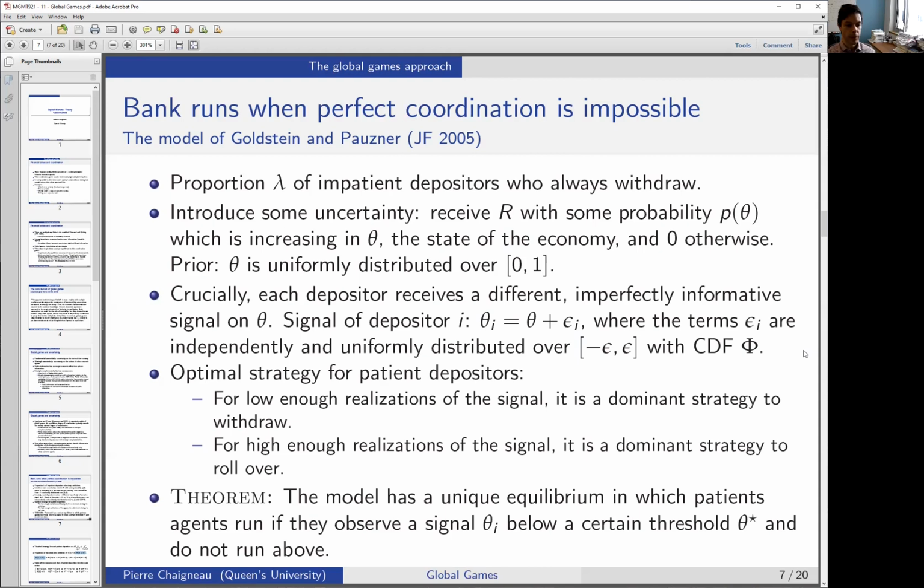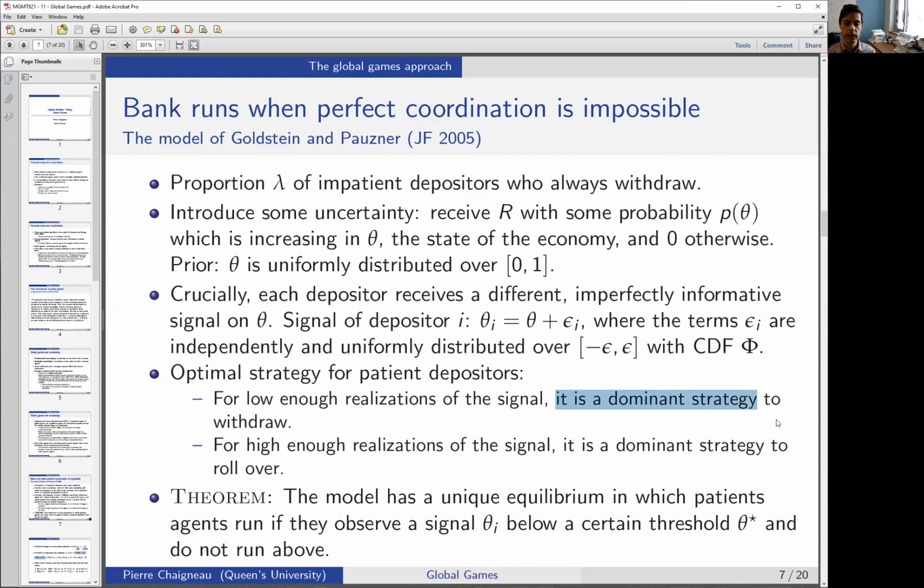Okay, so what is the optimal strategy for patient depositors? We already know that impatient depositors are going to withdraw no matter what. So for patient depositors, when the signal realization is low enough, regardless of what other depositors are doing, they are always better off withdrawing early.